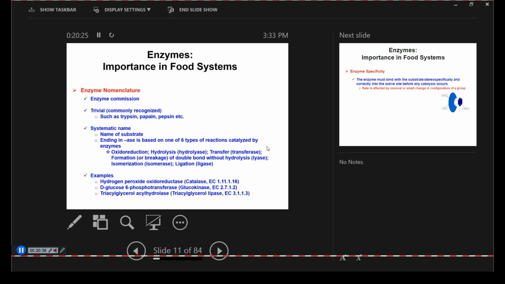This takes a phosphate group from ATP, for example, and gives it to a glucose. Lyase is a breakage of a double bond, without water being involved, or formation of a double bond.